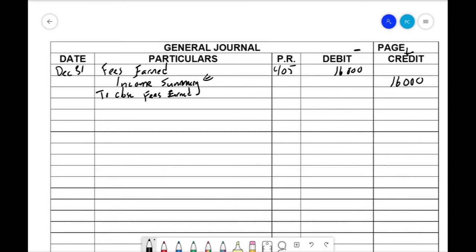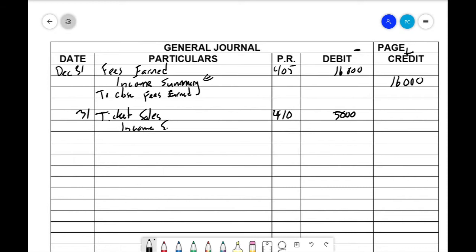Then, same 31st, the next one is called ticket sales, account 410. There is 5,000 in that account, so we've got a $5,000 debit.